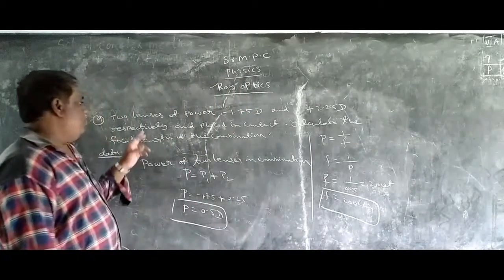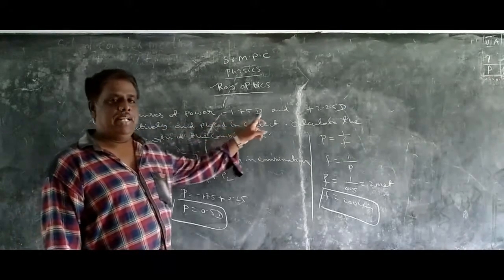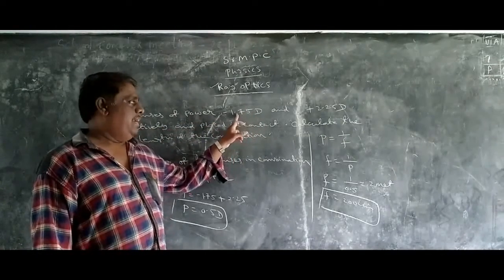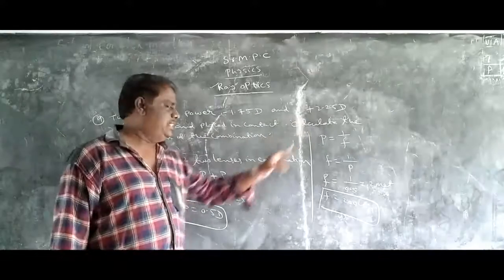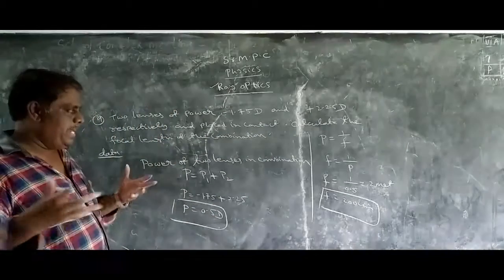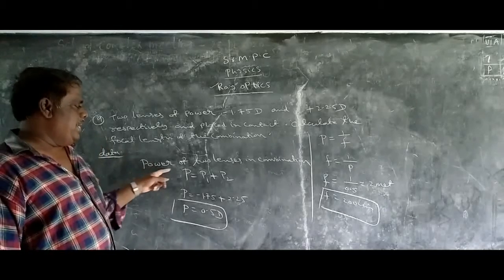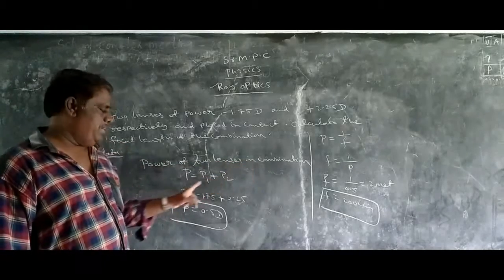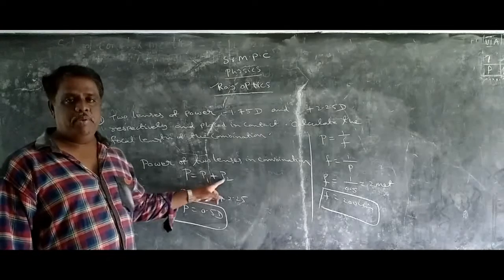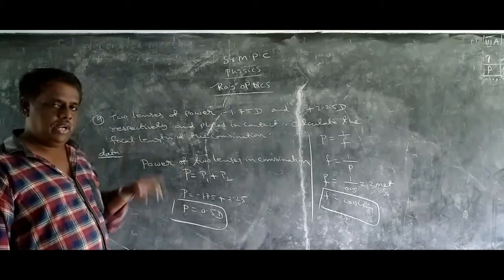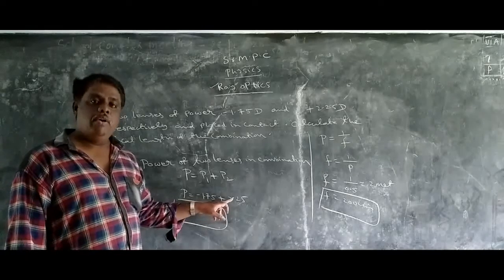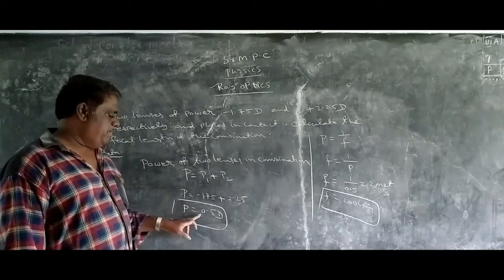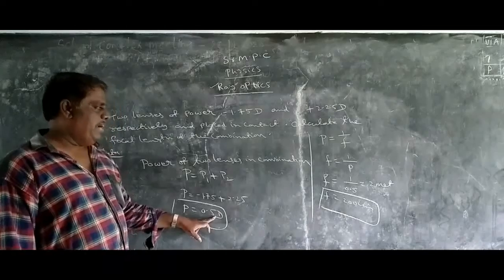Once again, two lenses of power: minus sign power for concave lens, plus power for convex lens. They are in contact. So when they are in contact, the formula for power of the combination is P is equal to P1 plus P2 plus P3 and so on. Therefore minus 1.75 plus 2.25, then power will be equal to 0.5 diopter.